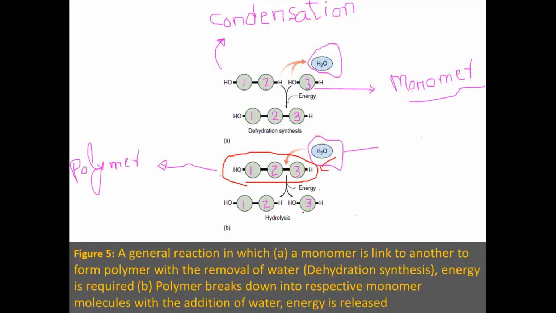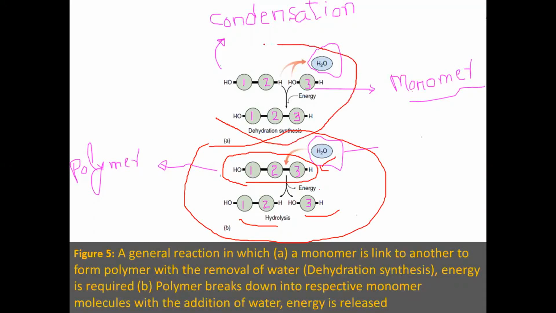So monomer 3 is released from this polymer. This reaction is known as a hydrolysis reaction, and in this reaction energy is released. The first one is dehydration synthesis, in which monomers combine to form a polymer.